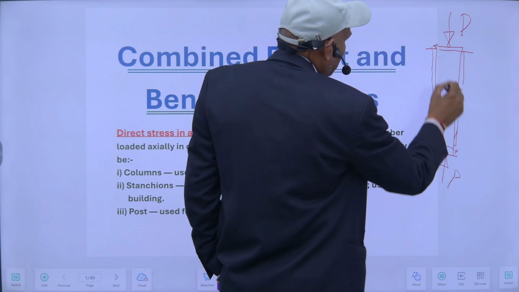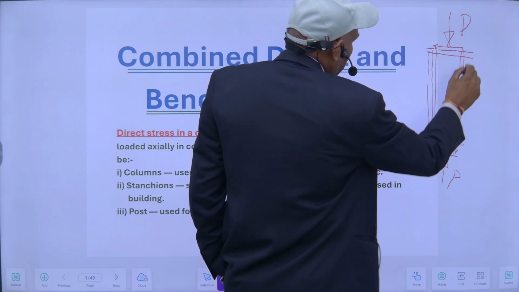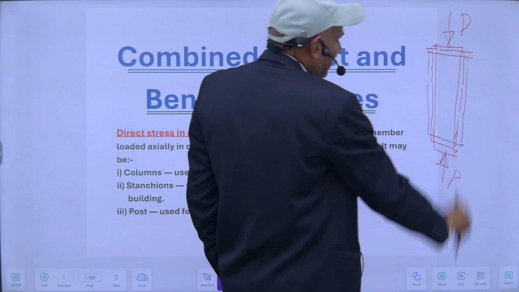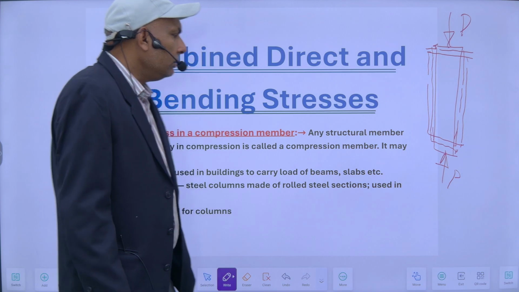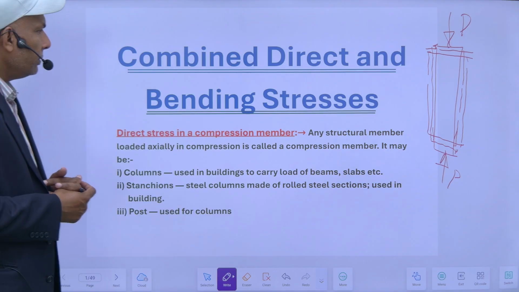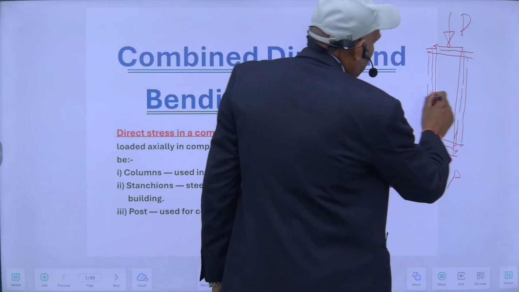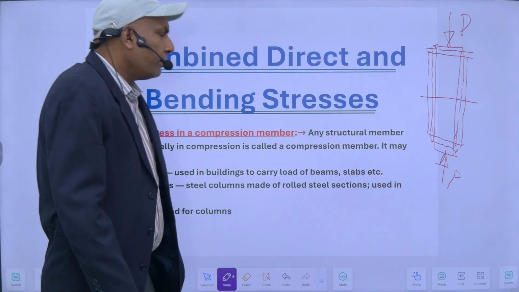As I increase the load, it will further deform like this, and finally it will fail. That we call the compressive strength. So it may fail by crushing in compression. So this is one column.